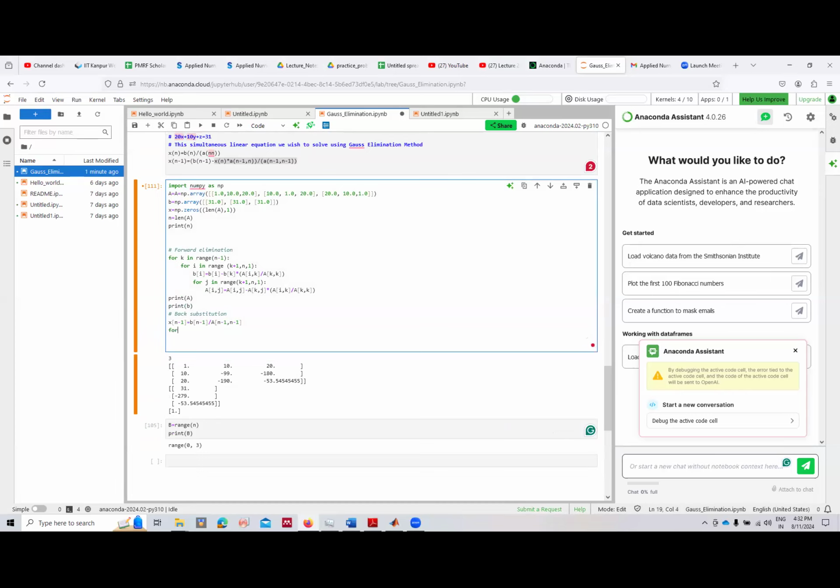So simply I write for this, back substitution, for k in range.